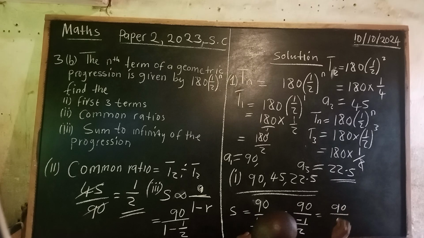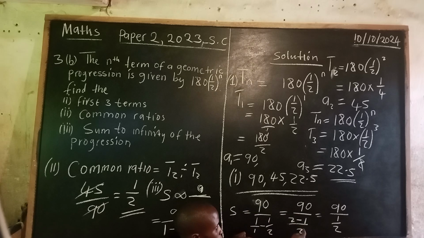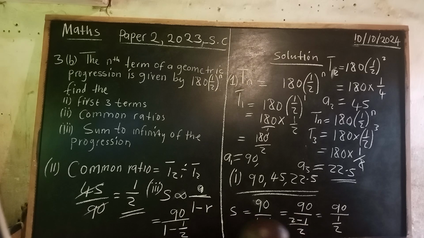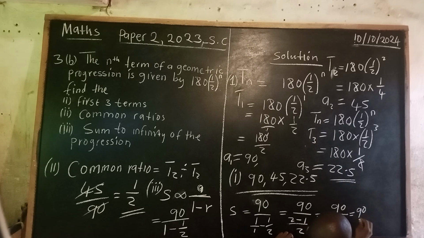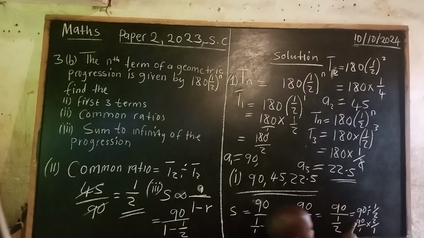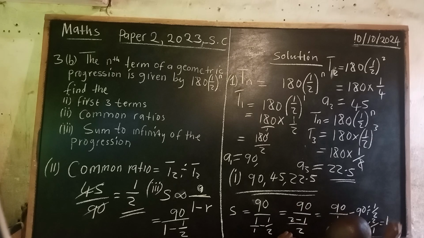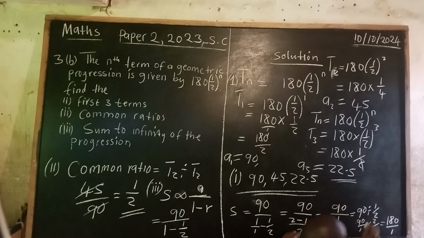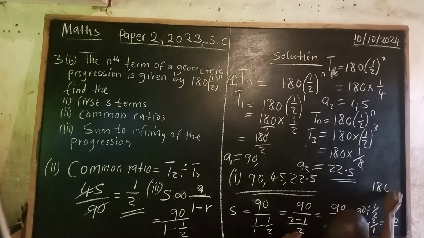So we have 90 over 1 over 2, because 2 minus 1 is 1. When you simplify this further, we have 90 divided by 1 over 2, so 90 over 1 times 2 over 1. 90 times 2 is 180 over 1, so the answer is 180.